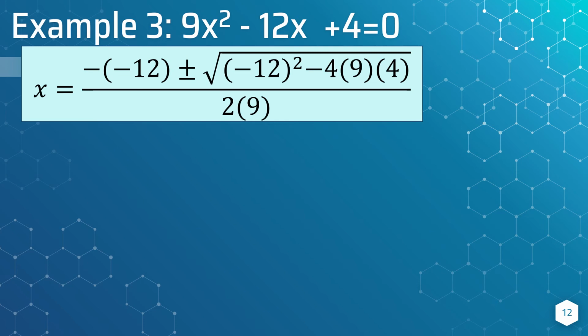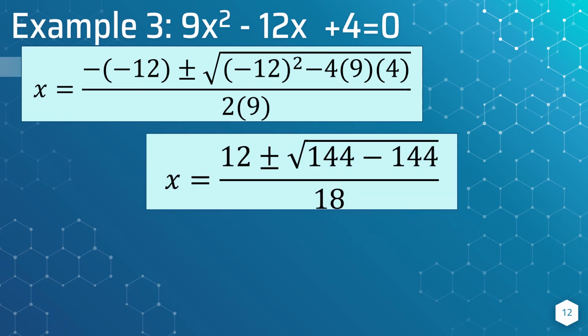Negative times negative 12 is a positive 12. Plus minus square root of negative 12 squared, negative 12 times negative 12, that is positive 144. And then 4 times 9 is 36.